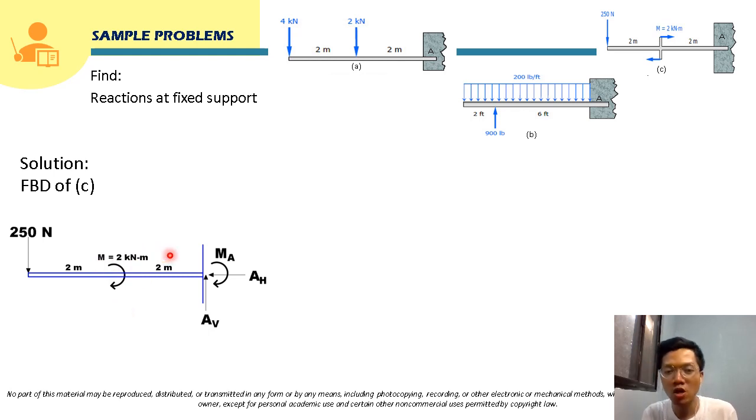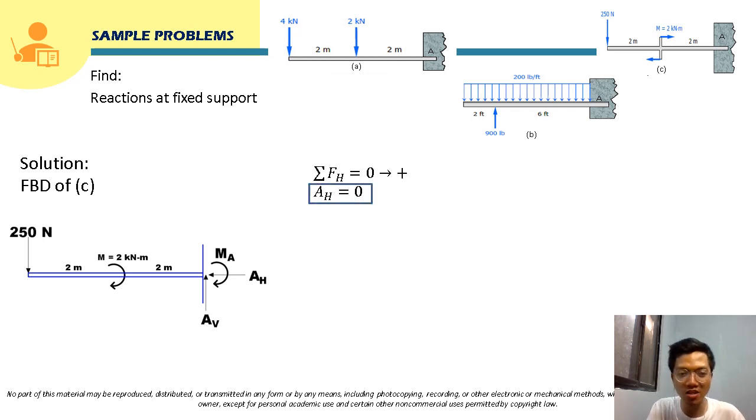So from here, we can now start solving for the reactions at support A. So for AH, this will just be 0 since there are no other horizontal forces here. So obviously AH will just be equal to 0.